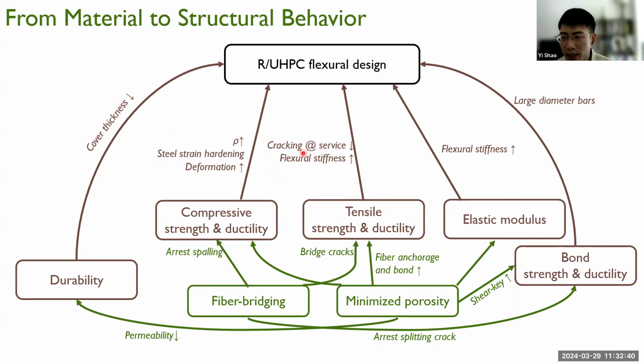important for the durability. We can increase the flexural stiffness, which is important because the structures are most often controlled by the stiffness. And the high elastic modulus can also help increase the flexural stiffness. And the higher bond can allow us to adopt larger diameter bars, which can be useful to increase the bar spacing, especially in congested steel rebar cage, to reduce the steel rebar congestion issue.